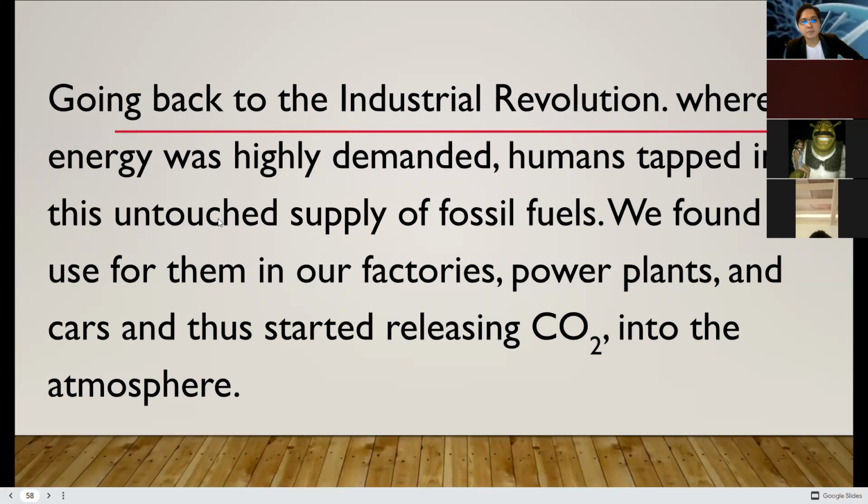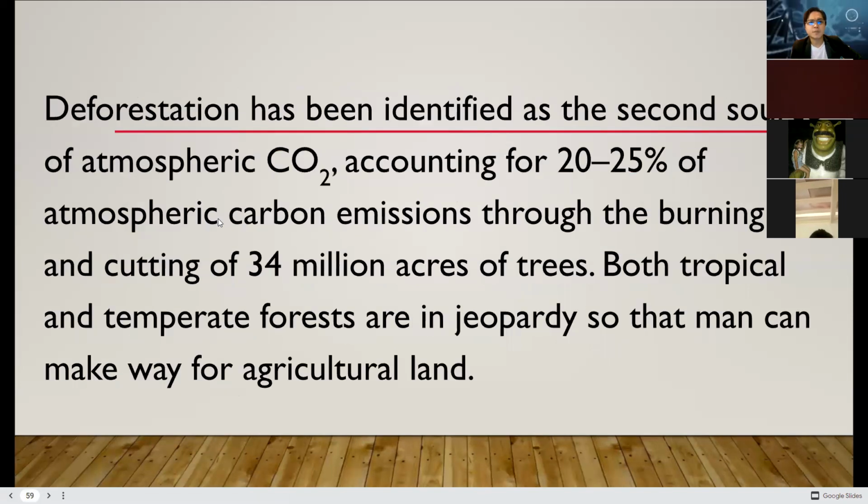We found use for them in our factories, power plants, and cars, thus started releasing CO2, which is one of your greenhouse gases, into the atmosphere, which now causes global warming.